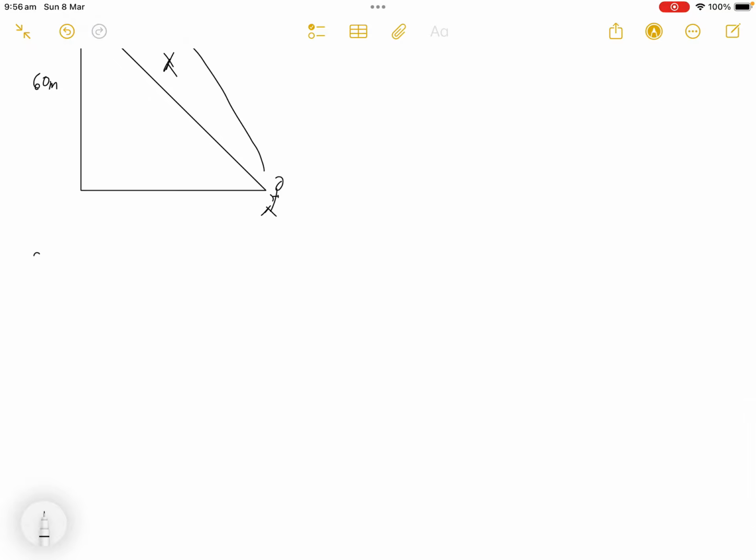In this case we're going to use sine, because sine equals the opposite over the hypotenuse.